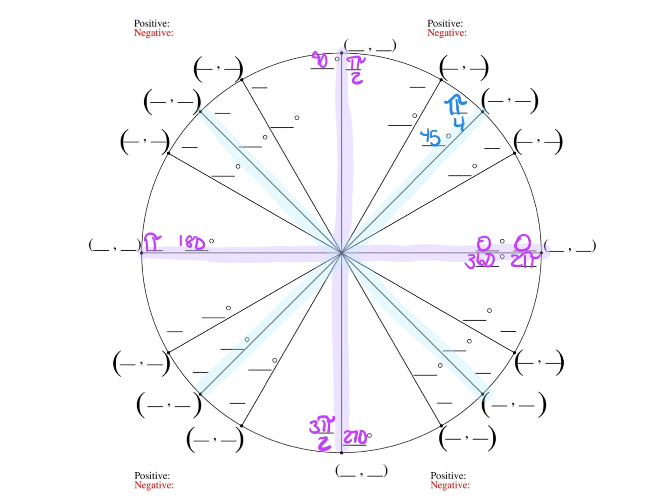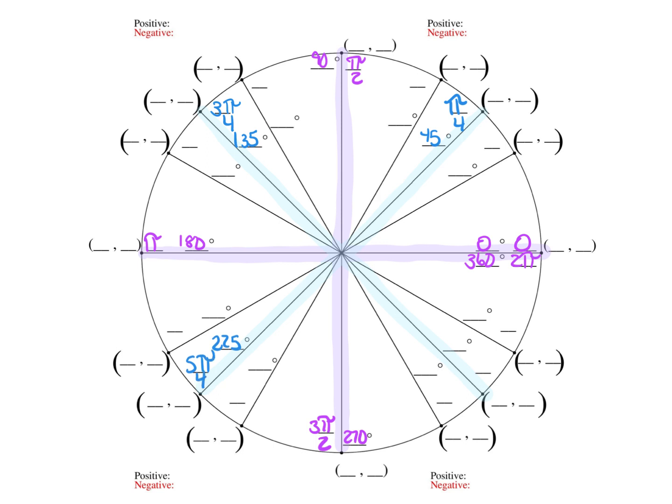90 is 2/4, which reduces to 1/2, which I already have. And then over here at 135 degrees, that is 3/4, so 3 pi over 4. And the 180 is 4/4, which is 1. So that's my pi. And then the next one here is 225 degrees, and that is 5/4, so 5 pi over 4.